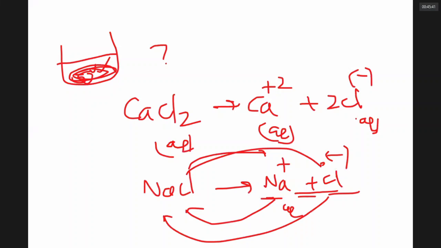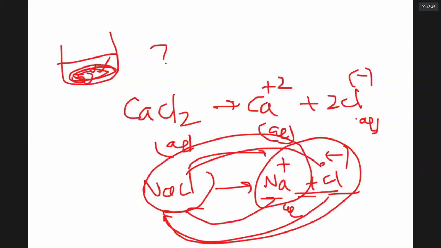Yes, sir. The speed of dissociation becomes equal to the speed of association. That state is called a state of saturation. The solution is called a saturated solution. In a saturated solution, the rate of dissolution is equal to the rate of precipitation. Are we clear? Yes, sir.